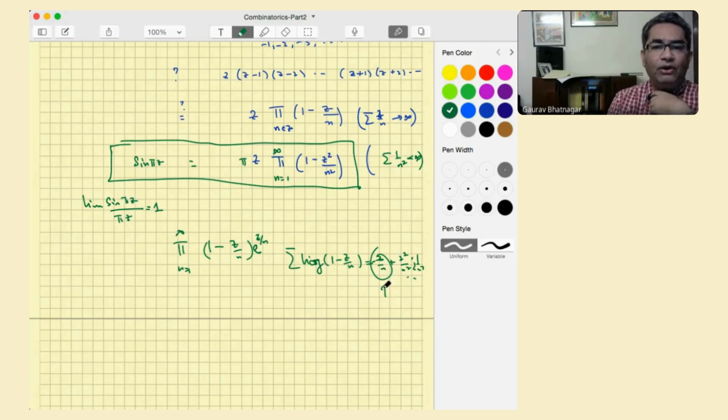Now if I take logs, what will I get? I will get plus z over n. So I cancel this chap, then I get these guys. So then this converges actually.